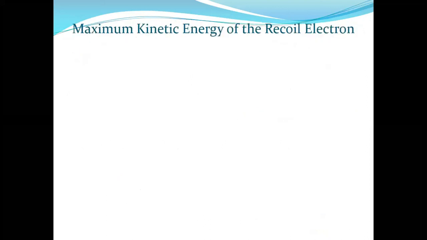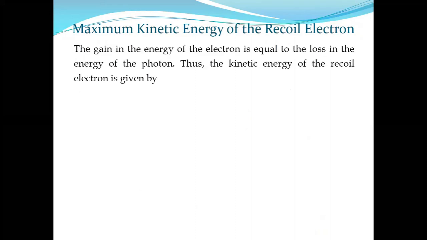Similarly, if the question is to find out the kinetic energy of the recoil electron, or the maximum kinetic energy of the recoil electron, we know that whenever we derive the formula, initially we have assumed that the electron is at rest.